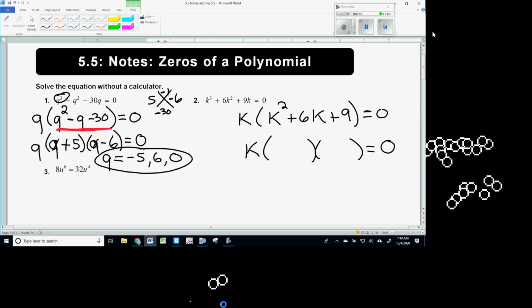So now you're looking for two numbers that multiply to give you 9, add to give you 6. 3 and 3. So this is going to be k plus 3, k plus 3.